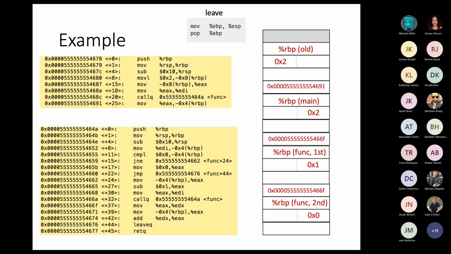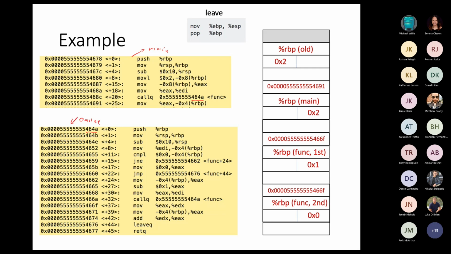First of all, let's look at the main function. Here's the main function. When we execute call Q, we find that the target address is 464A. Let's look at where 464A is. So we find the callee.